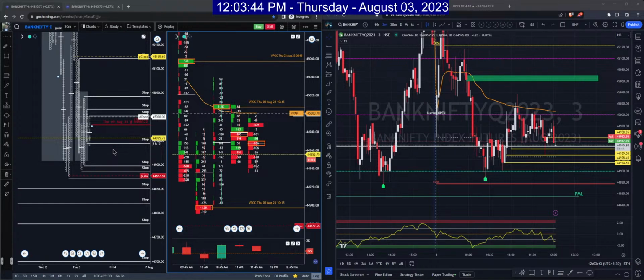Supply is there in the system. So any retracement higher is where supply is going to come in. I'm looking at whether it breaks 58 or not, because at 58 is where supply is coming in. The price action is suggesting supply is there.